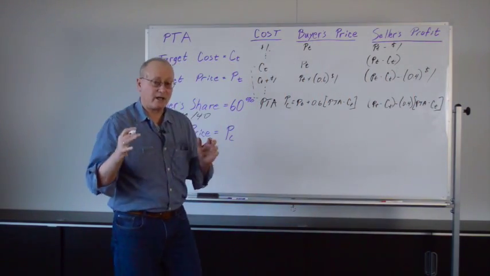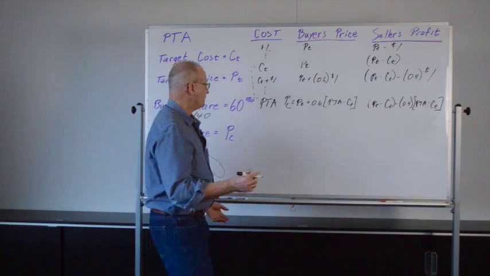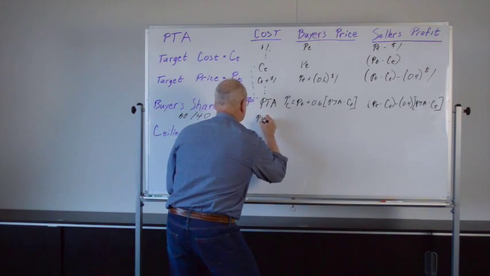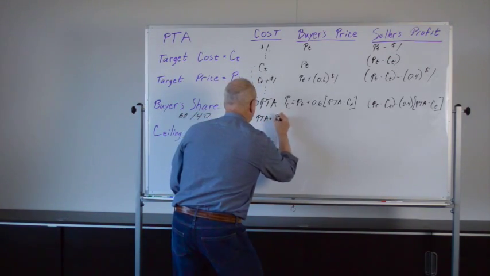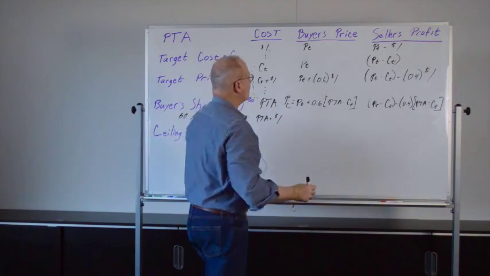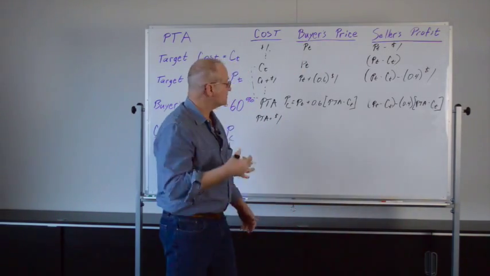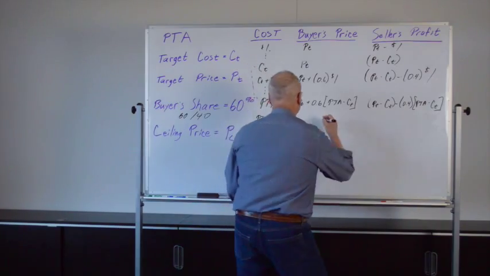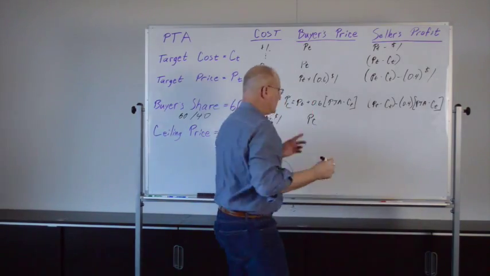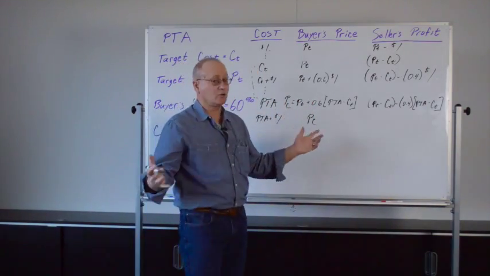Now let's look at the very next dollar of cost overrun, PTA plus $1. Here, the buyer's price is P sub C. That's the meaning of the ceiling price. It goes no higher.